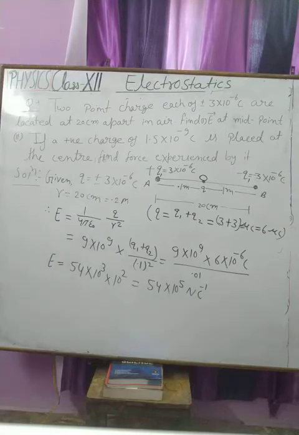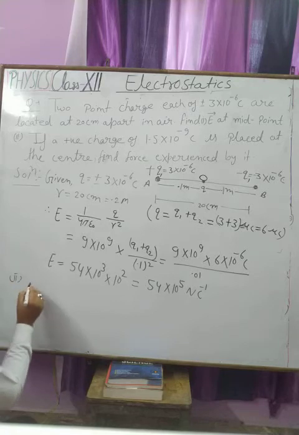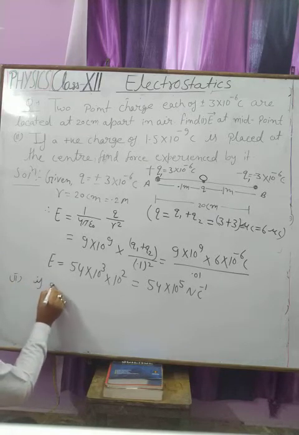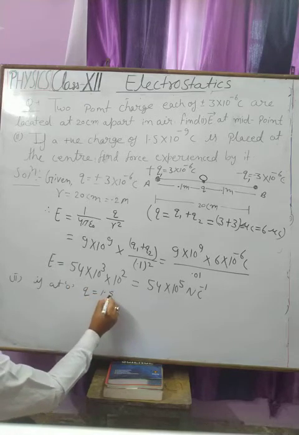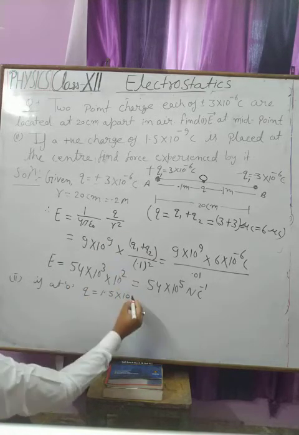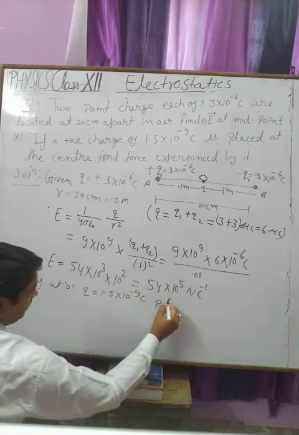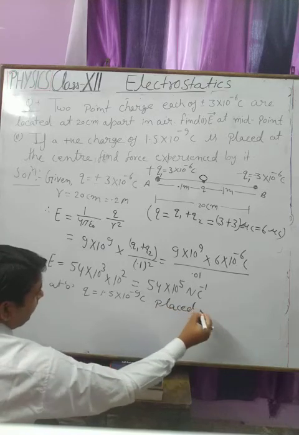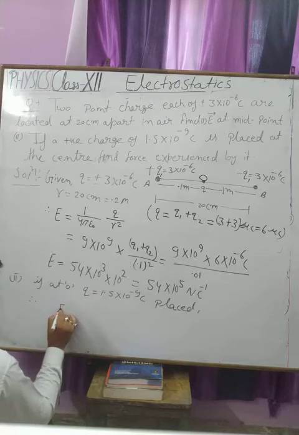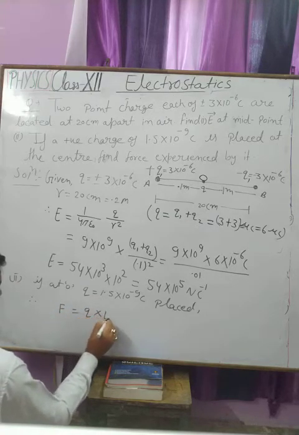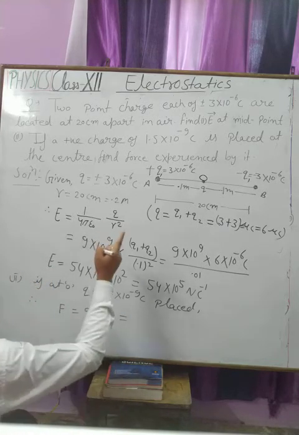And the second problem is, if at O a charge Q equal to 1.5 into 10 to the power minus 9 coulomb is placed, then the force experienced by it is Q into E. Here E is calculated, and Q is positive.